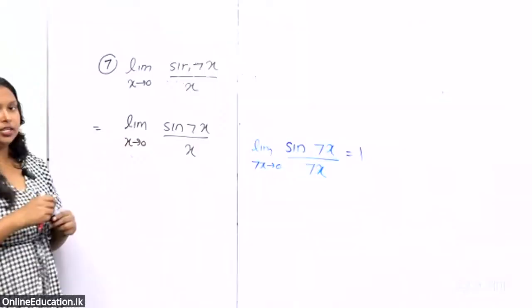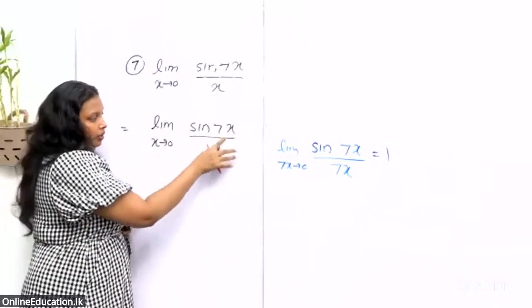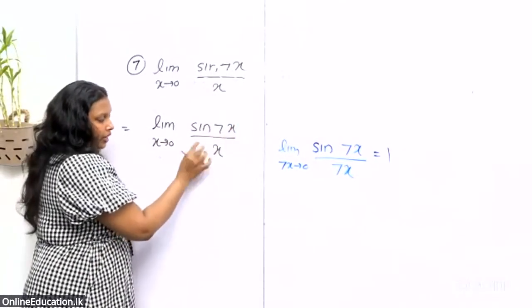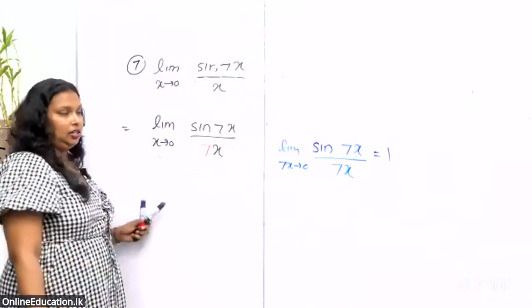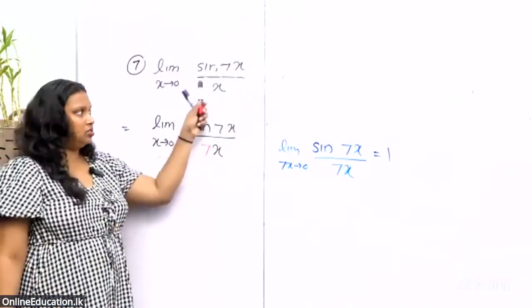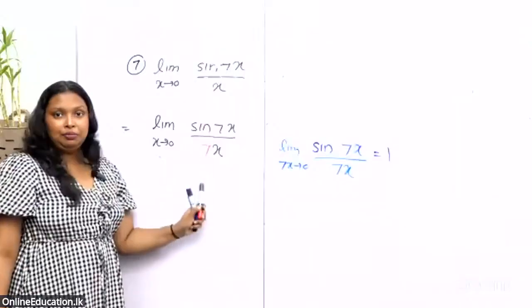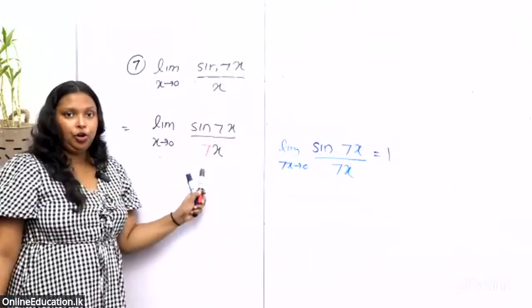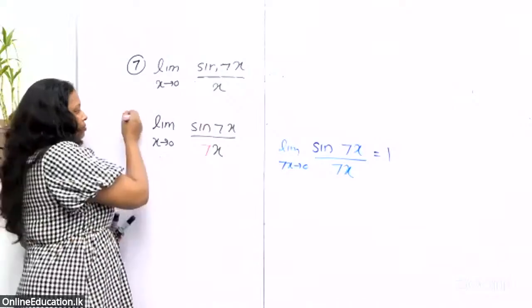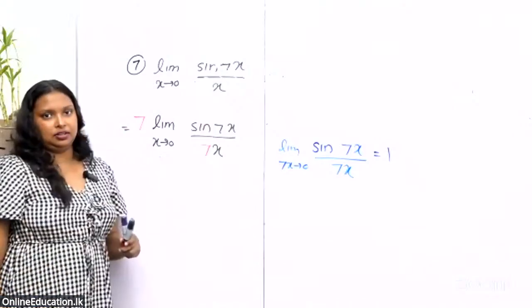I want 7x here, so I will put 7. But this is wrong then, because this should be equal to this, no? I made a mistake: I put 7 in the denominator. So I want to remove that, so I will multiply this whole thing by 7.